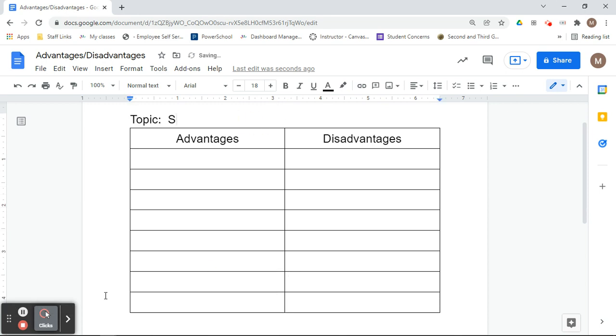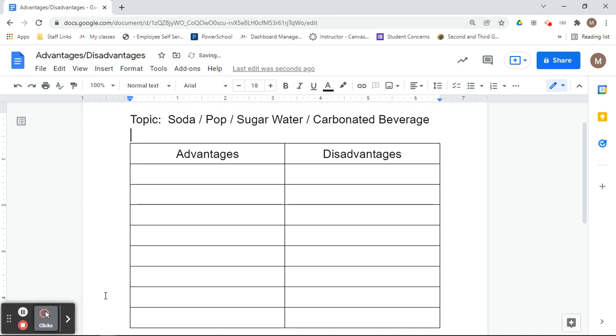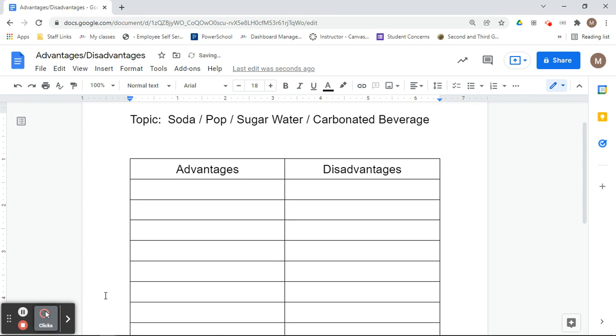I decided to go with soda, or what could be called soda pop. Some people call it pop, some people call it sugar water. Depending on what you call it, it's essentially a carbonated beverage. In this case, I'm not talking about club soda.